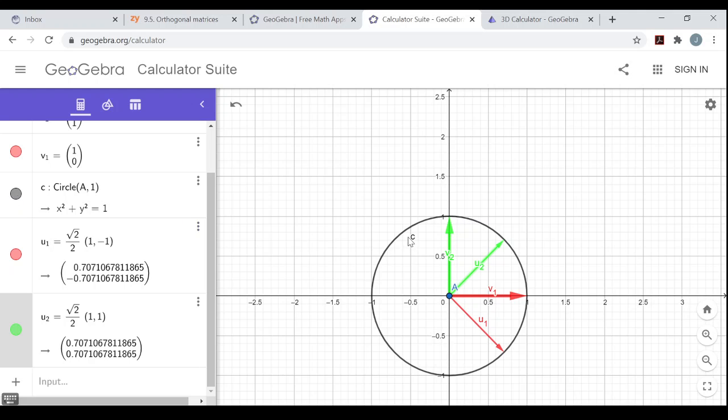Here's the unit circle. So you see how my original standard basis just rotated a bit. The lengths of the vectors were preserved and the angles between the vectors were preserved. And that would be the case for any pairs of vectors.